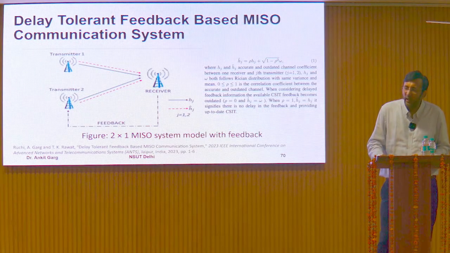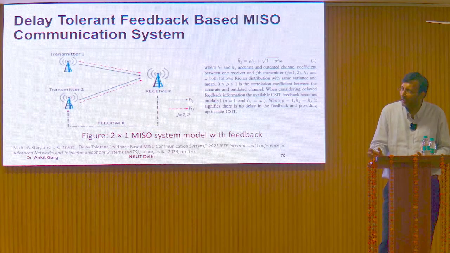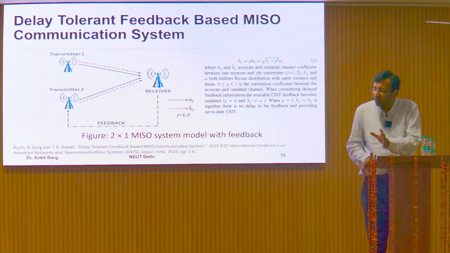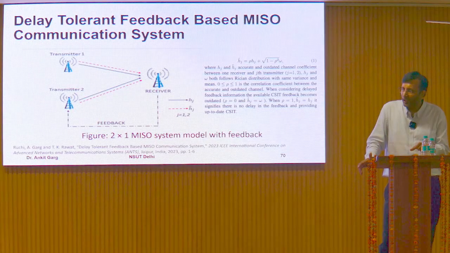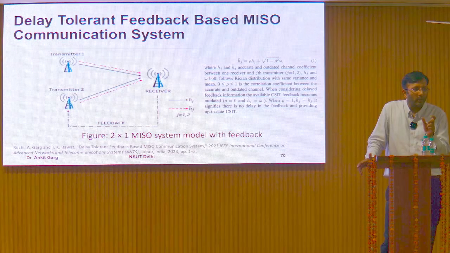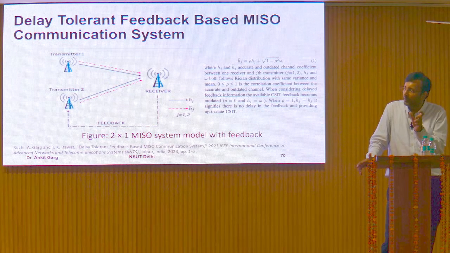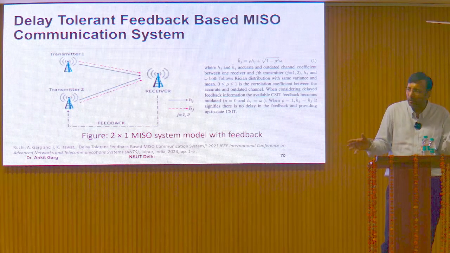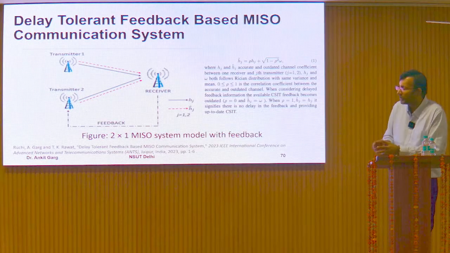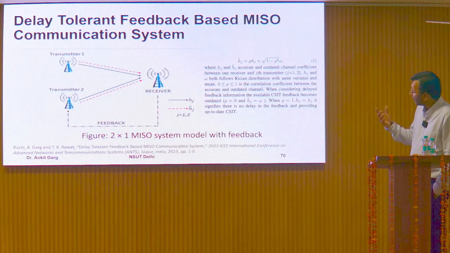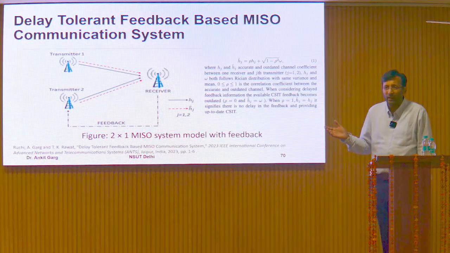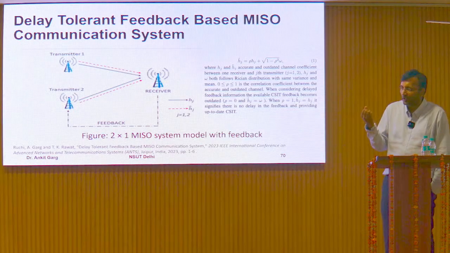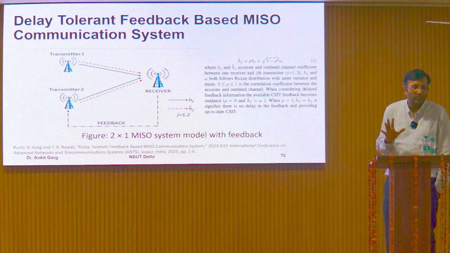If you have h1, h2, h3 and h4, in a second time you have updated values. Not all the values may get updated. You may have updates of the last 4 values or the first 2 values. So there is a correlation between the previous vector and the updated vector, and that correlation is represented by this rho. It might be possible that delay is quite significant, that is, this rho equals 0. All the values of that channel vector get changed while we receive the feedback.